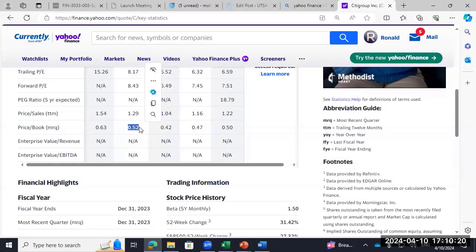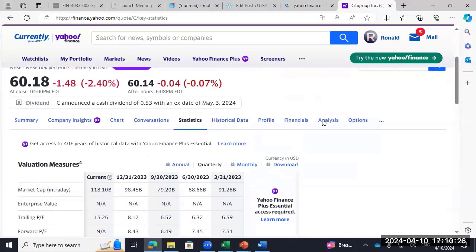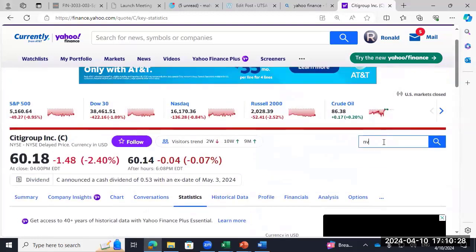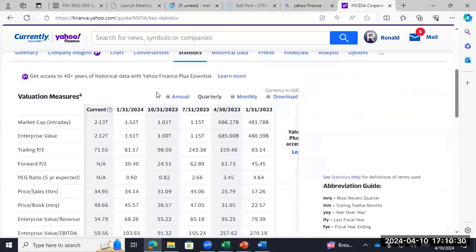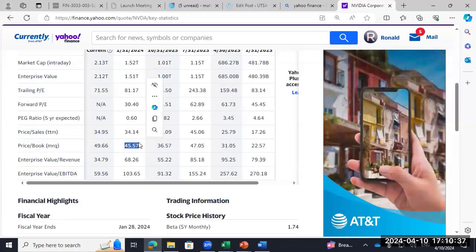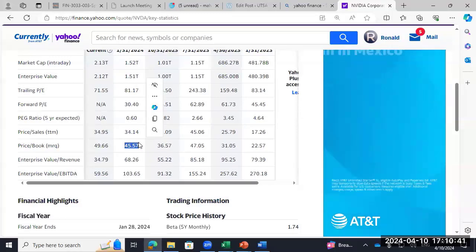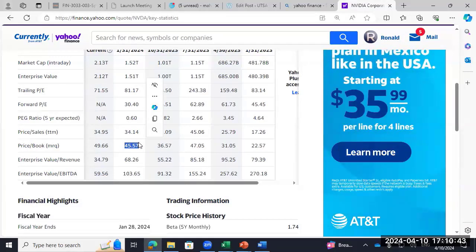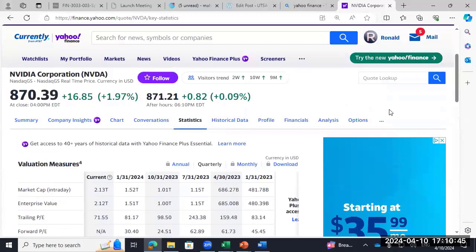And yet you can get Citibank at a 48% discount to what the accountants say it's worth. That's not normal, right? If I look at NVIDIA, their price to book is 45. So would you rather buy Citibank at half what the accountants think it's worth, or buy NVIDIA that's 45 times what the accountants think?